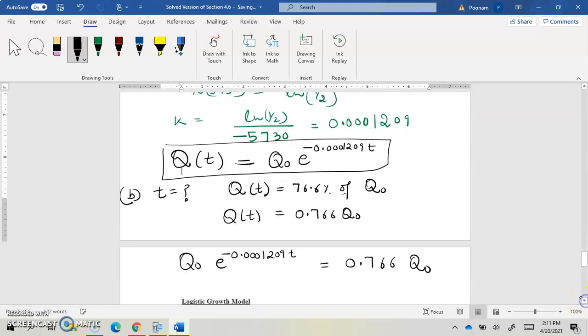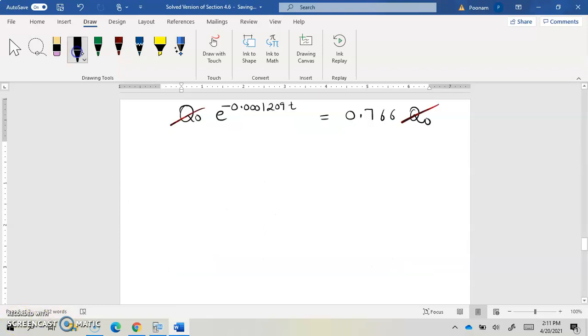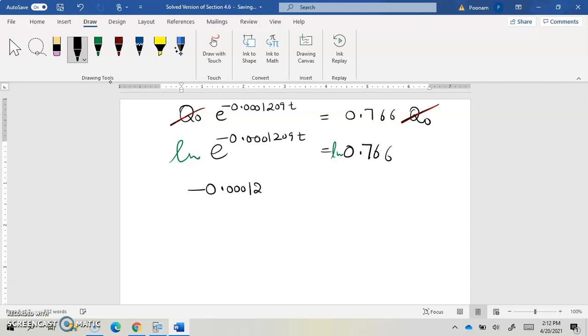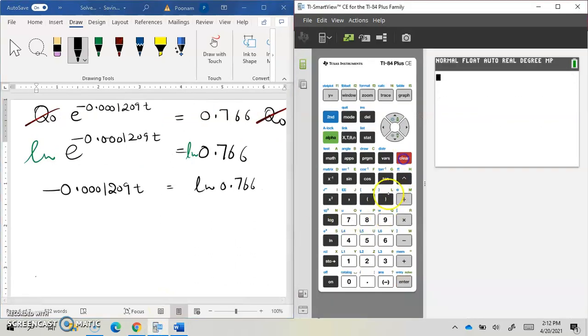We can divide both sides by Q naught. This will cancel. So we have e raised to power negative 0.00012009t is equal to 0.766. We can take natural log on both sides. Natural log and e cancel each other. So we are left with negative 0.00012009t is equal to natural log of 0.766. Let's use calculator for that.